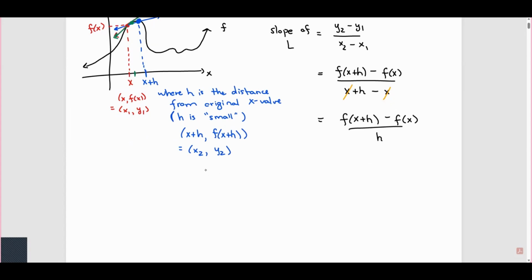And so to get the slope of my tangent line, I'm going to use that approximation, which was f of x plus h minus f of x all over h. And I'm going to say, you know what? I don't want this to be an approximation. I want to get the real slope of the tangent line.